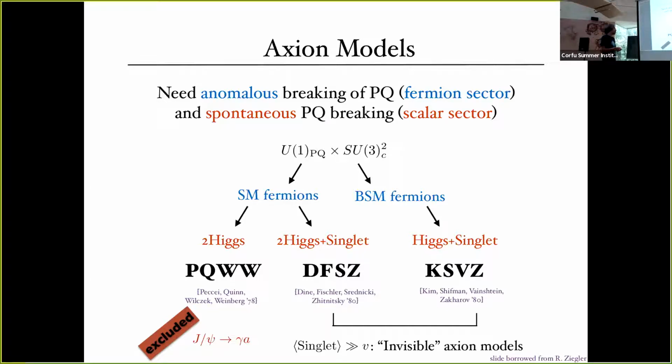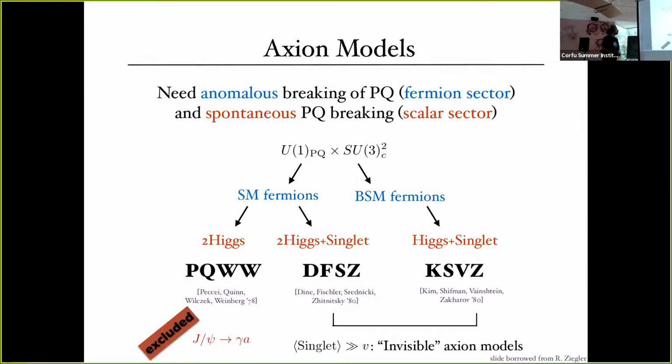So then people focused on so-called invisible axion models, where there's an additional singlet on top of the Higgs sector, and that singlet has an f_a much above the electroweak scale, which allows decoupling axion physics to some extent.